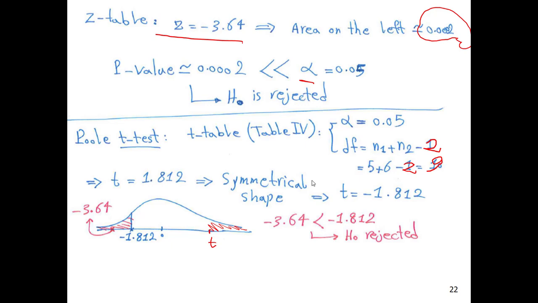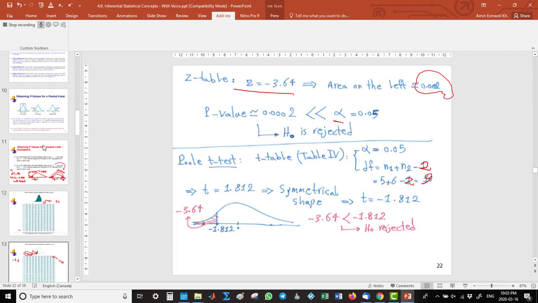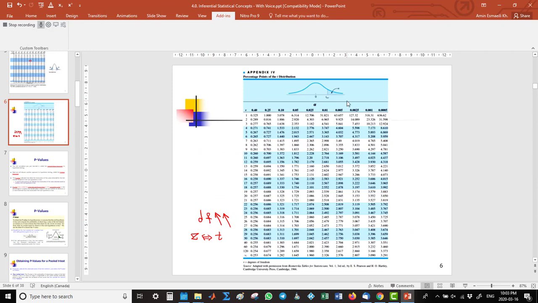So what I will do, I go to the t-table and I find my t value for alpha 0.05 and degree of freedom 9. So let's go do that. T table. This is my t table.